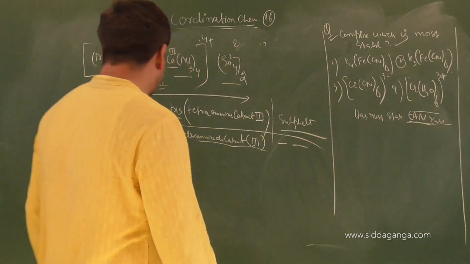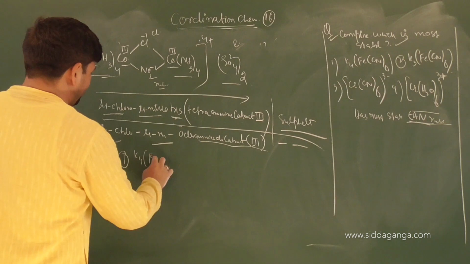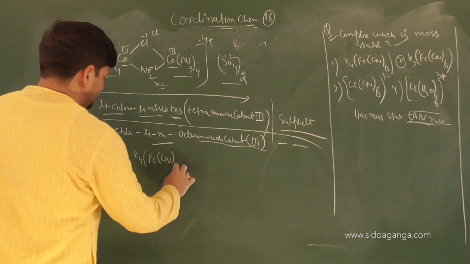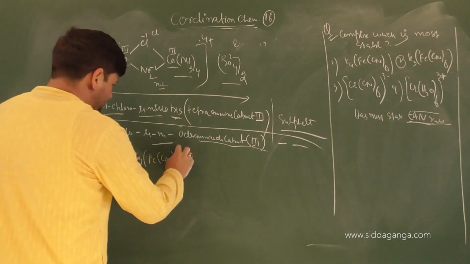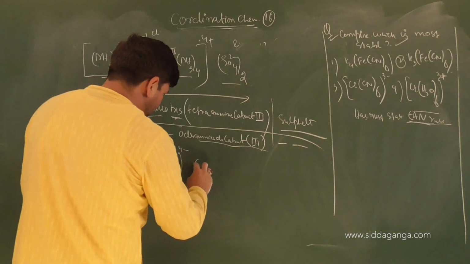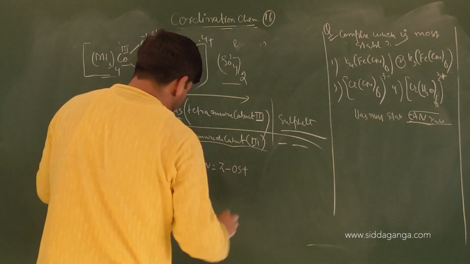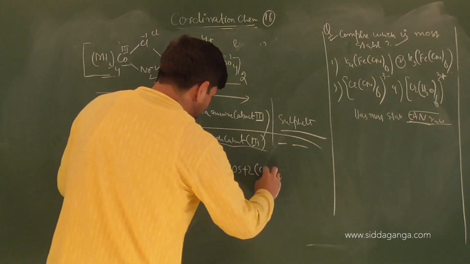We will do that. Let us see the first one, children, given. What is that? K4 Fe CN6. Oxidation state is 4 minus, iron will be +2. So what is effective atomic number equal to? It's equal to Z minus oxidation state plus 2 into coordination number.